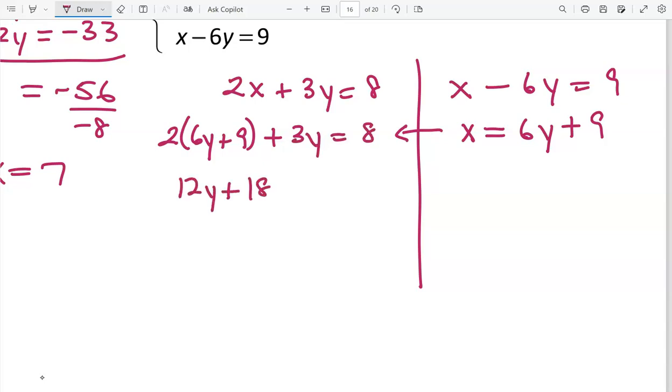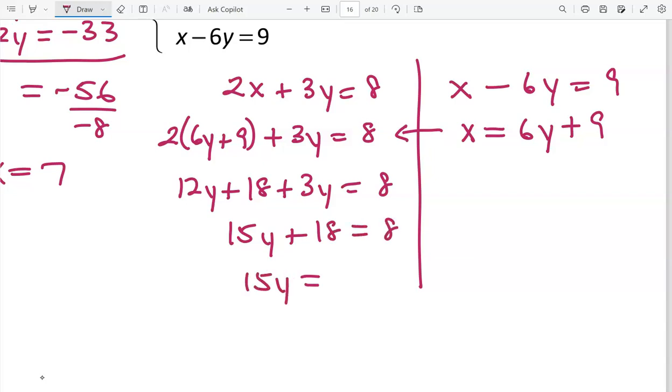And distributing, combining like terms, and subtracting 18 from both sides. Y is equal to negative 10/15, which is negative 2/3.